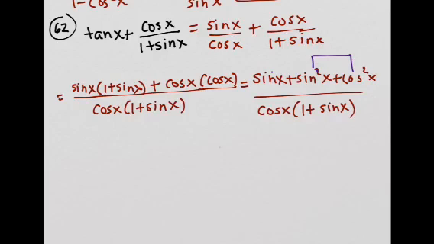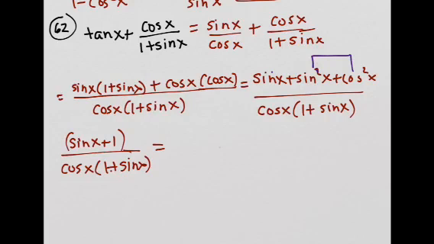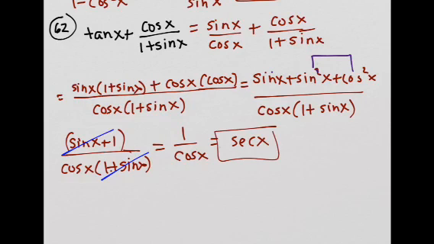And I see a 1 right here, and then I see a sine and a sine. So that's going to cancel. So I'm going to do sine x plus 1 over cosine x times 1 plus sine x, which equals, and so this and this cancel, and you're left with 1 over cosine x, which is secant x.